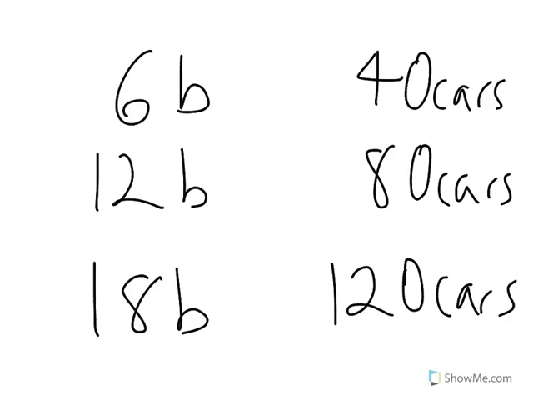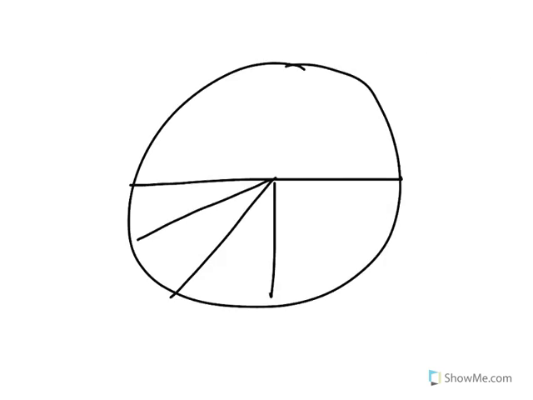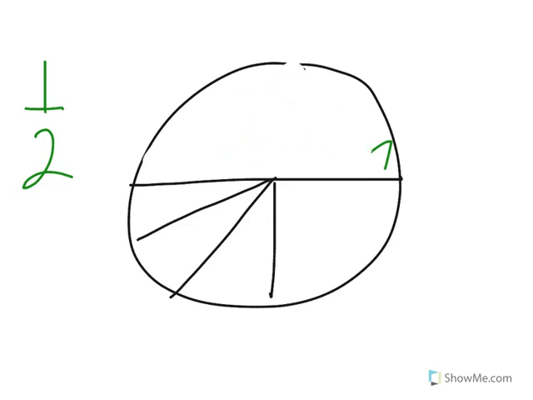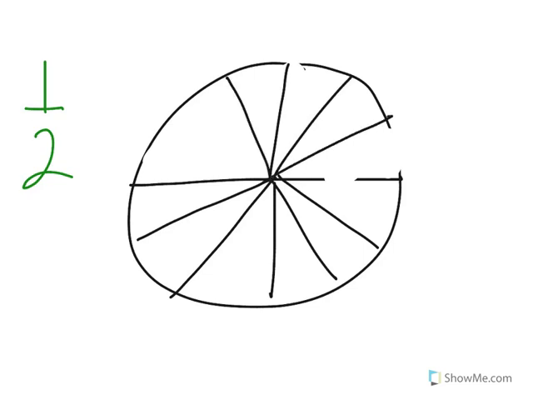Okay, the next question gives us a circle as such. We have this bit here that's shaded. Hopefully you can all tell that that is a half. So if I get rid of that, and I split my circle the same way that it is here, I can see that I am splitting it up into 12 bits.